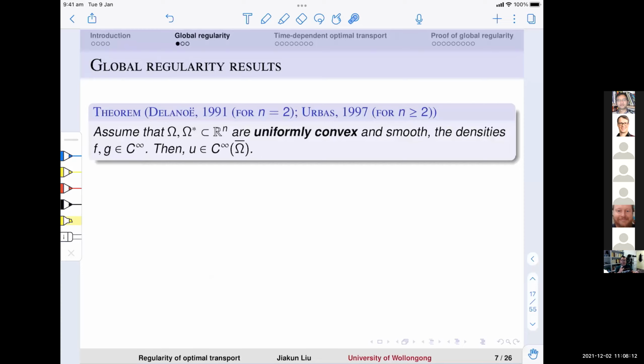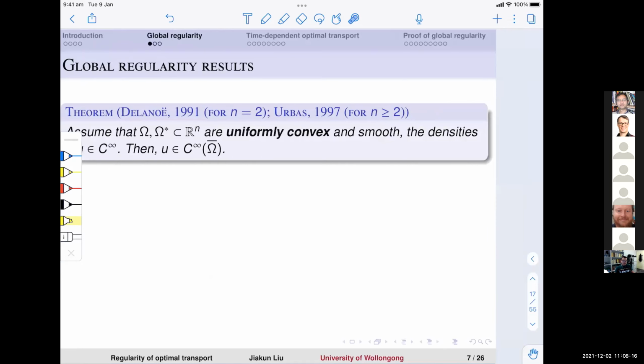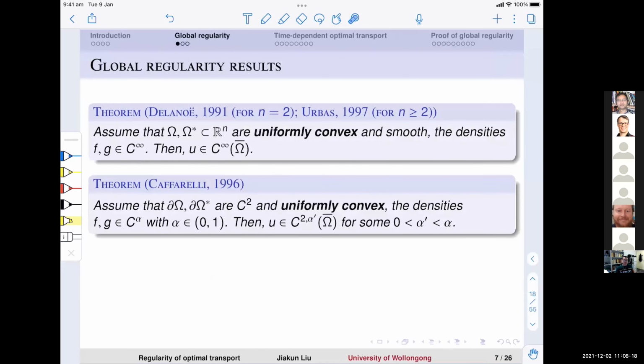Again, they need to assume the domains are uniformly convex. And in 1996, Caffarelli reduced the assumption a little bit. Again he needs the domain to be uniformly convex, but the boundary regularity only needs to be C2, and if the right-hand side of the PDE is C alpha, then Caffarelli proved the solution is C2 alpha prime globally for some alpha prime less than alpha.